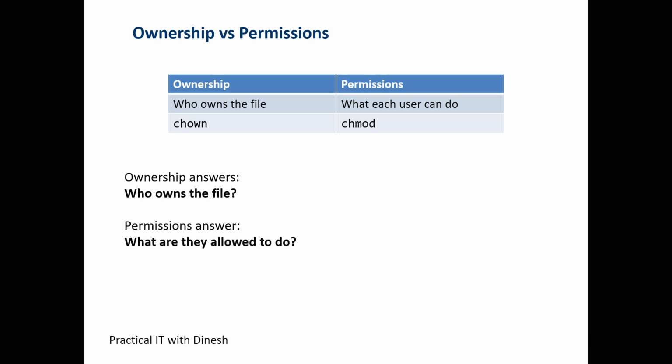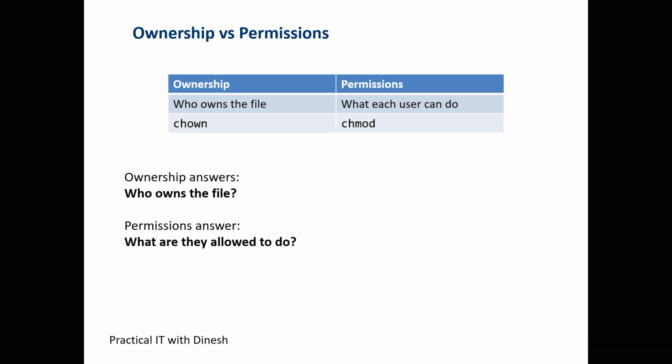Many beginners confuse ownership with permissions. They are related, but they are not the same. Ownership means who owns the file. Permissions are what each user is allowed to do. For example, suppose you own a house.